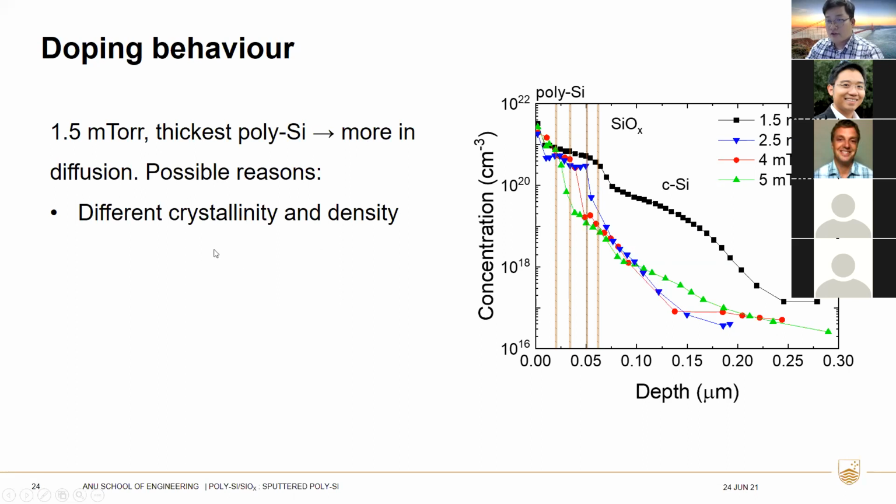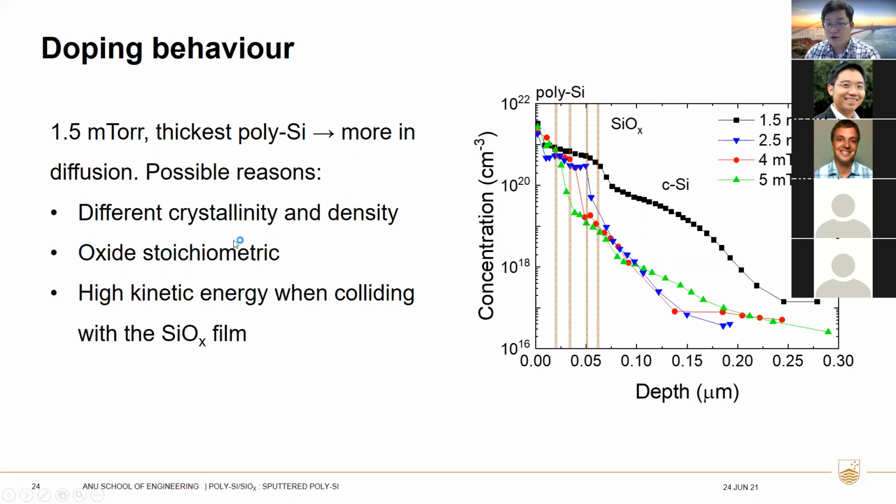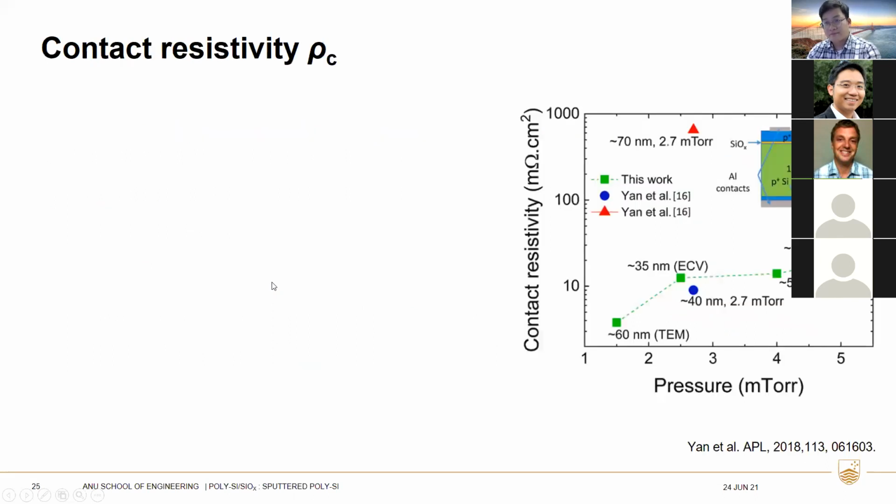That may be due to the different crystallinity and density between the different pressures, and maybe due to the oxide stoichiometry. Also, the high kinetic energy when the silicon atoms collide with the oxide may affect it, and also probably less boron segregated in the inactive form. Inactive form may cause that.